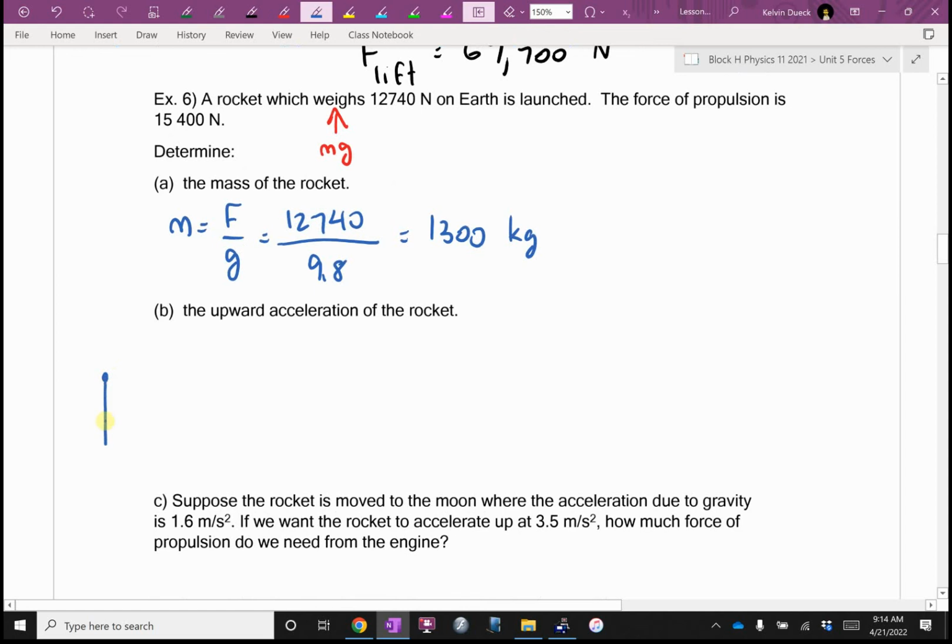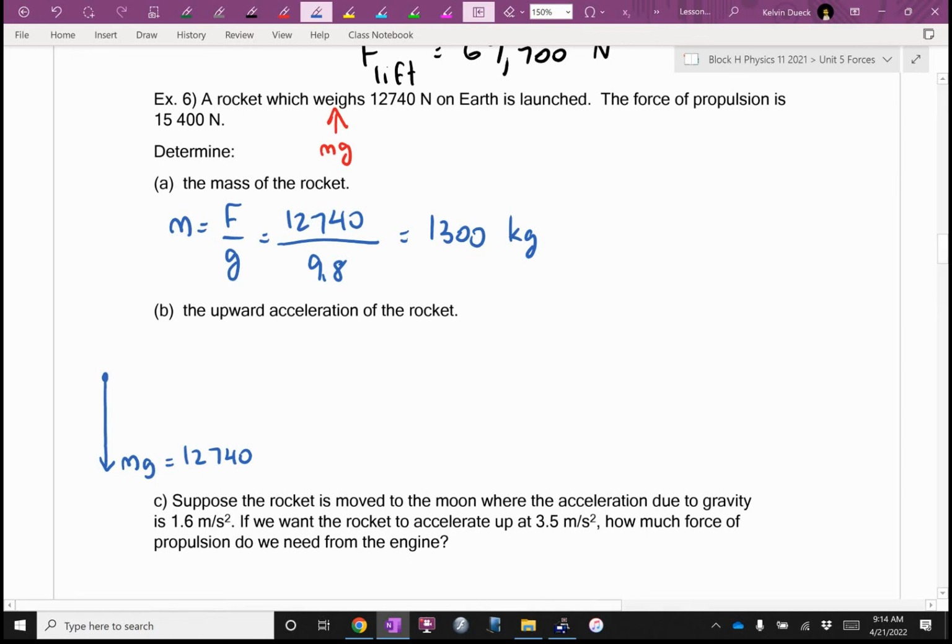Yep. And this is kind of weird. mg, I know it's actually 12,740. They gave me that number. What else? Which way is this rocket accelerating? So which way does there have to be a bigger arrow pointing? What force is that? What do we call it? The force of propulsion.